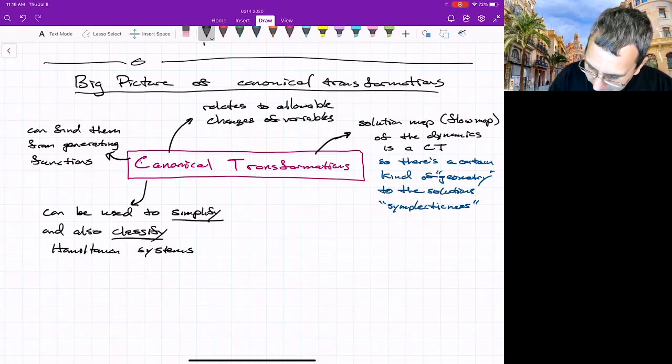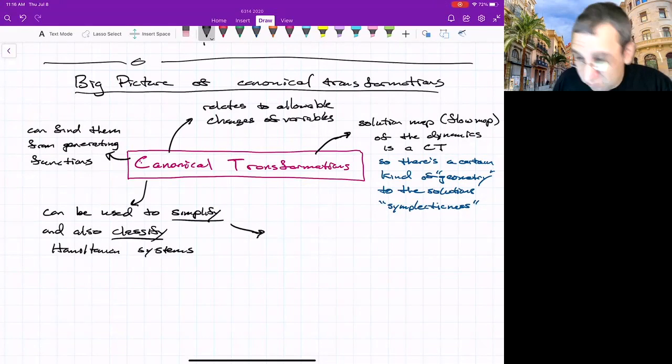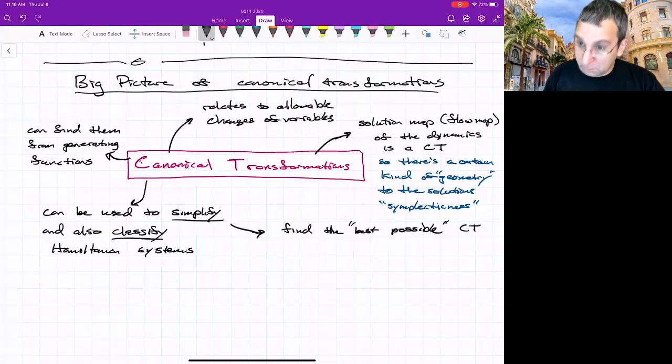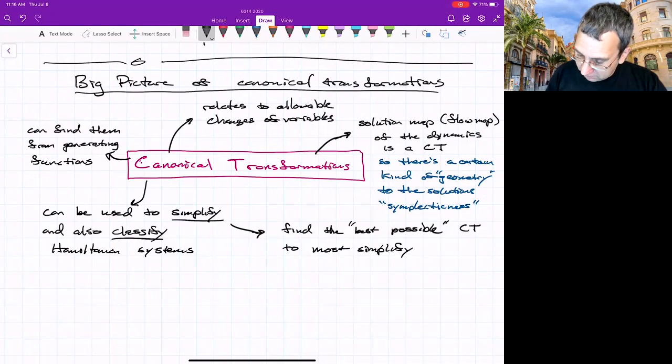And on this simplify theme, that's what we're going to have to get to next time, not right now. You can find the best possible, I'll put that in quotes, canonical transformation to most simplify a given system. And this will depend on the problem, and it depends on just what the original Hamiltonian is.